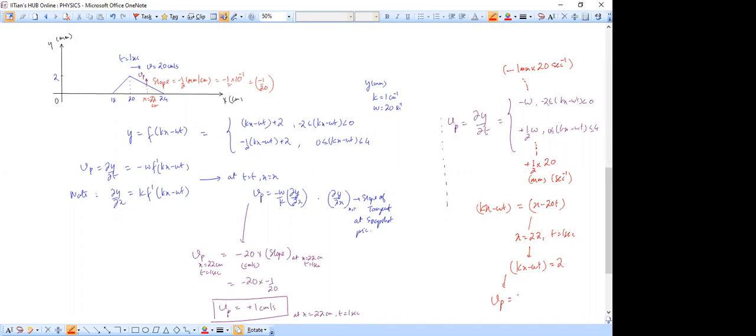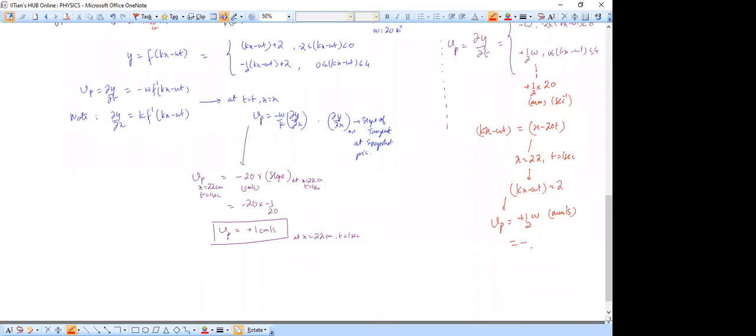It should be plus 1 by 2 omega in millimeters per second. So it is okay. So that's the same thing as plus 1 centimeter per second. So that is a relationship between these two methods.